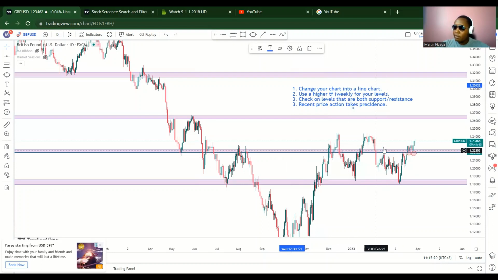Here support became resistance, then resistance became support. So the higher time frame always takes precedence, and current price takes precedence. The market will always repeat itself.